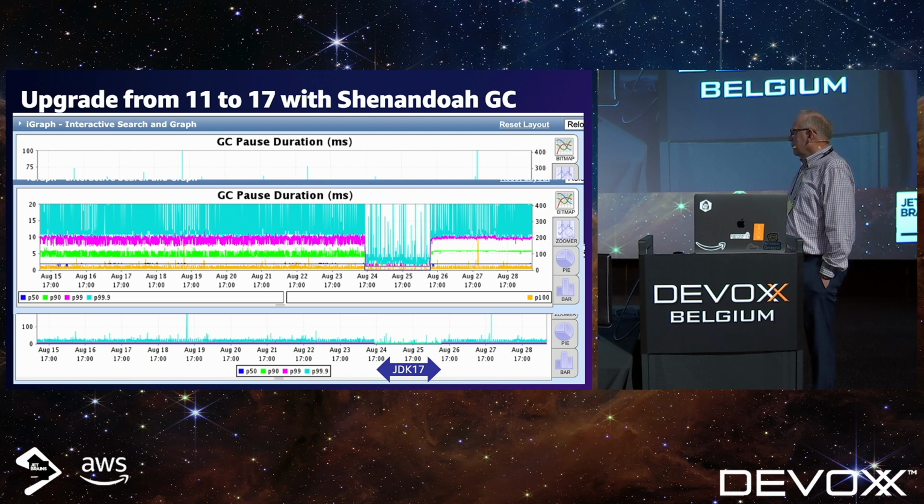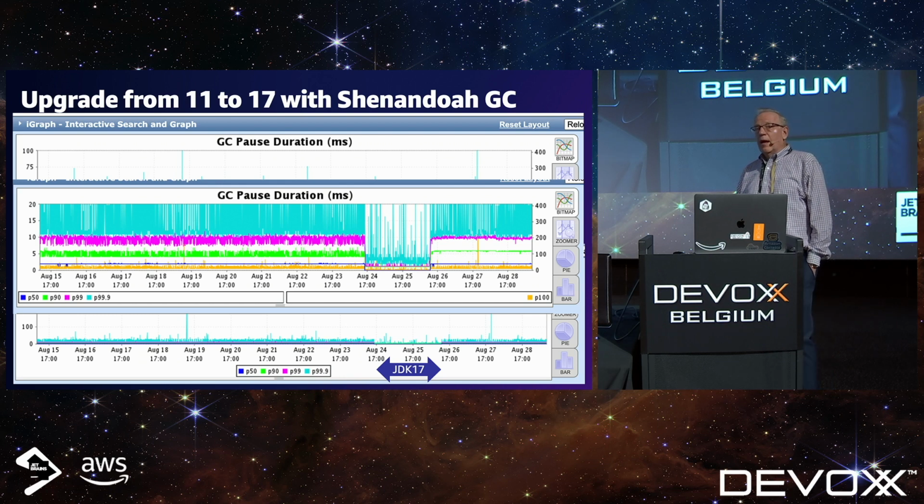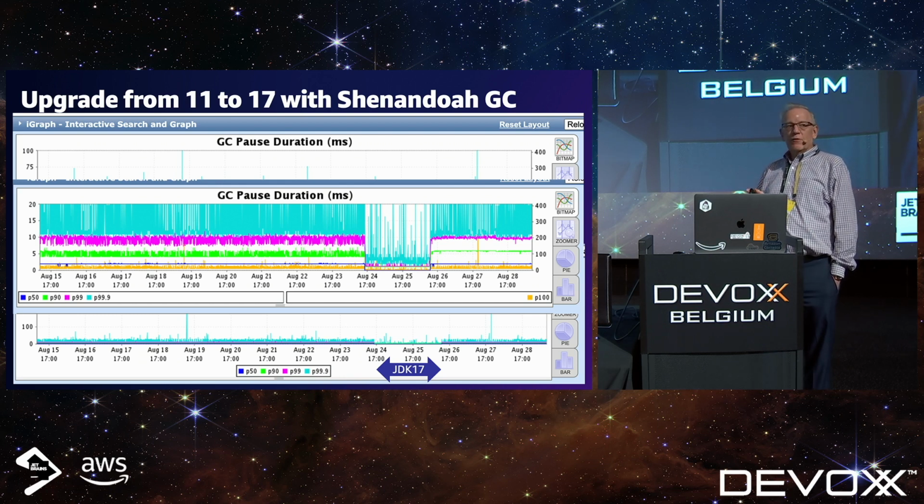you can see basically that P90, well, let's go with the P99, easier to see here. P99 went from about 10 milliseconds down to about 2 milliseconds. And the reason for this is because with JDK 17, Shenandoah moved to concurrent stack scanning.